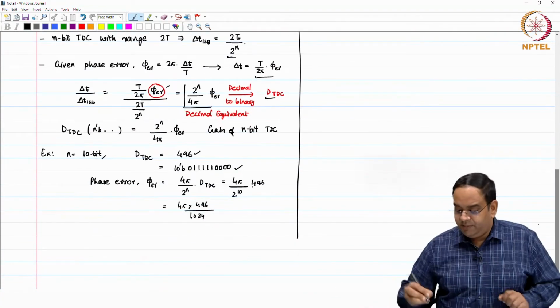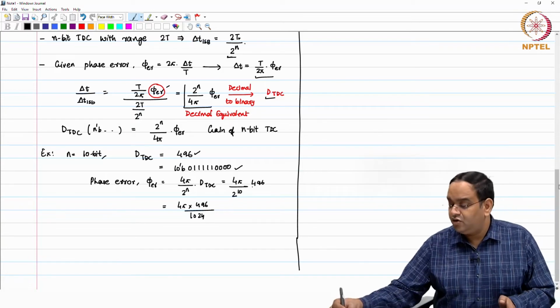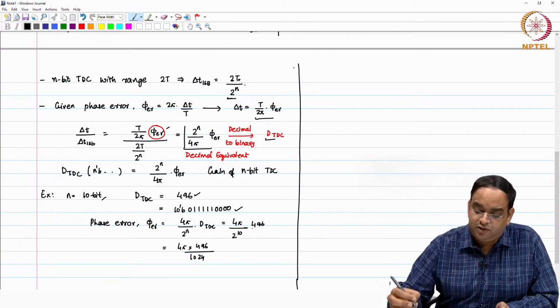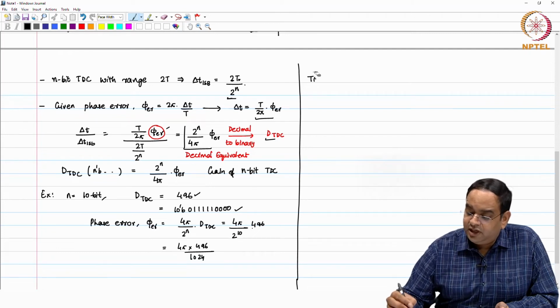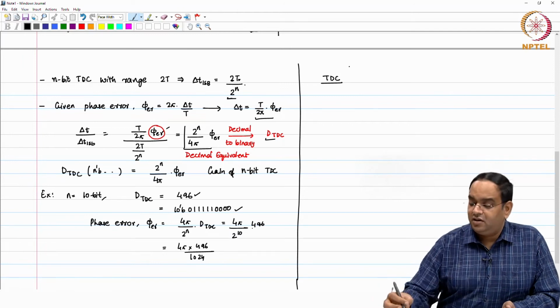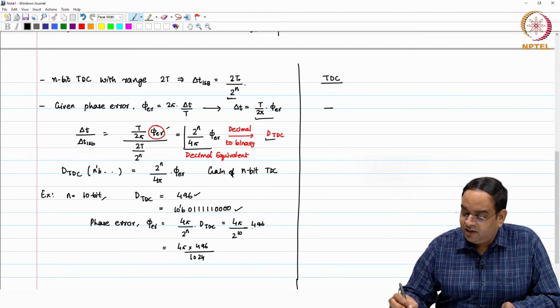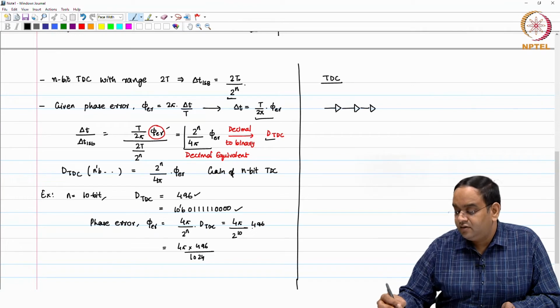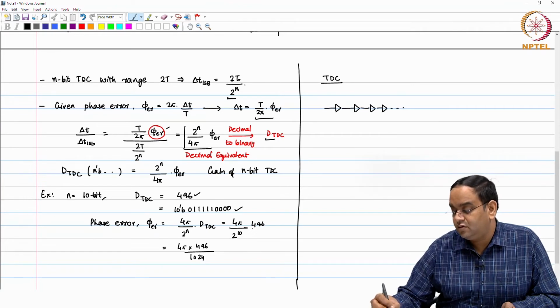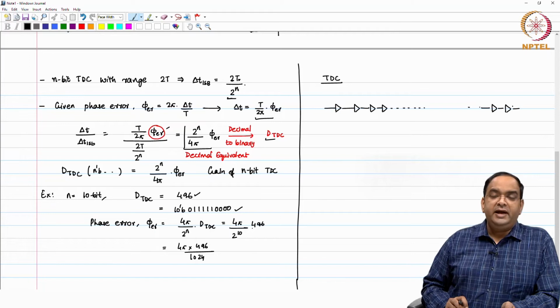Now, we will not go into that much detail, but a typical implementation of a TDC is as follows. There are multiple ways in which you can implement a TDC. One way is that I have a delay line, which consists of 2 power n delay cells.